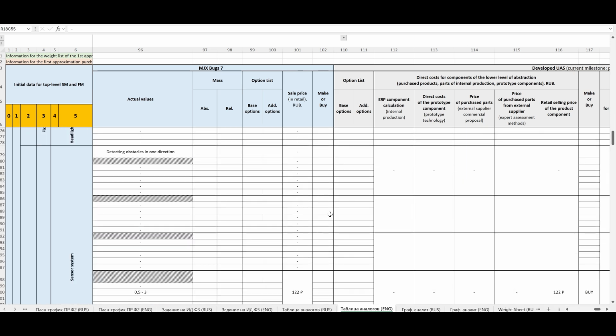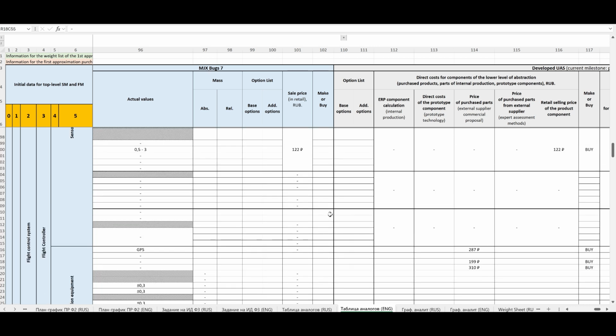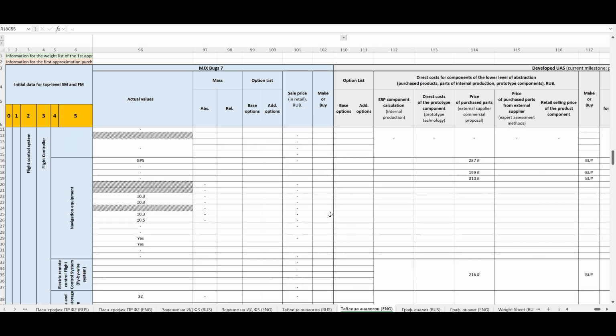Before diving directly into the description of the analysis process, let's consider the question of the terminology used.